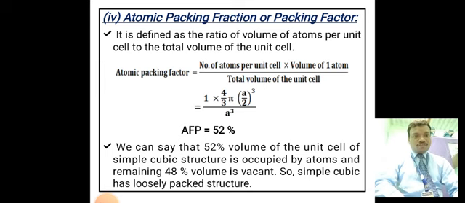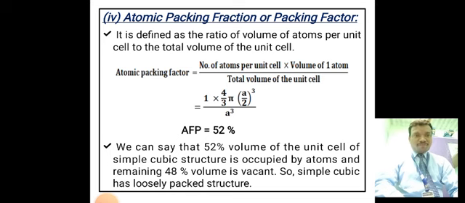Now the volume of one atom, which is a sphere, equals 4 by 3 pi r cube, where r is the radius. The radius in terms of the lattice constant is a by 2. So we have 4 by 3 pi into a by 2 the whole cube, divided by the total volume of the unit cell, which is a cube.